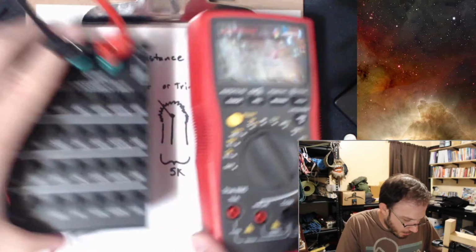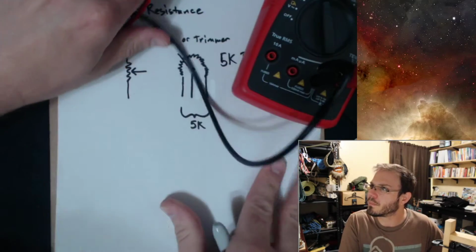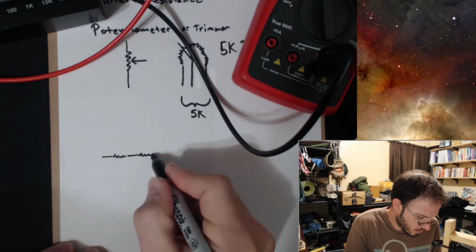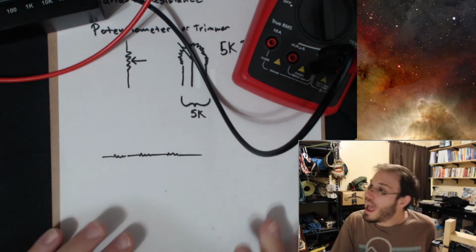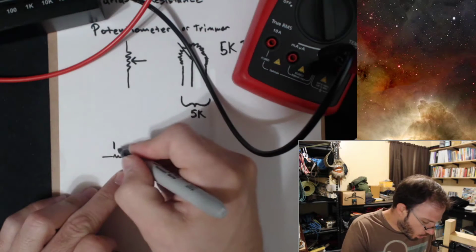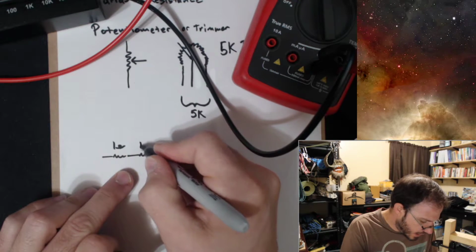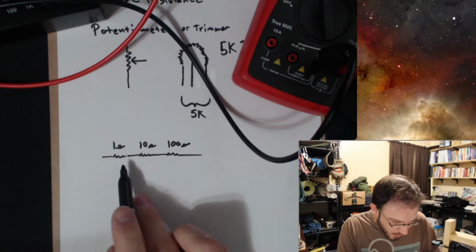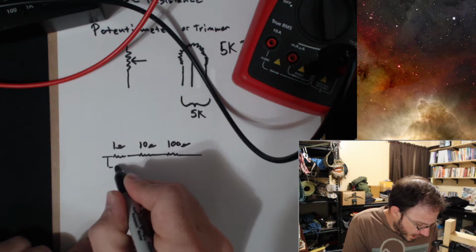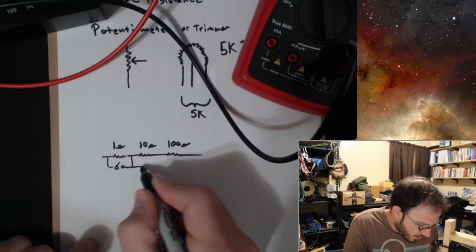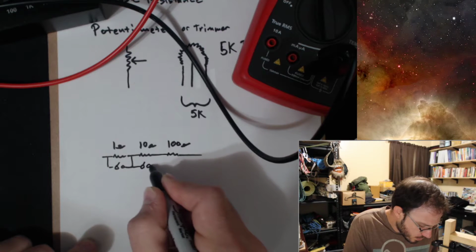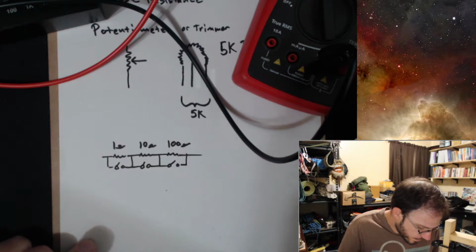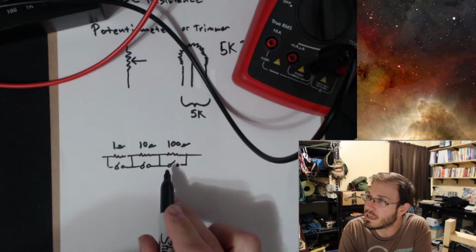So let's actually look at that on paper. I'm going to zoom in on the 1 ohm, the 10 ohm and the 100 ohm. Now if I have a switch across each one of these, I think now it's real easy to visualize.